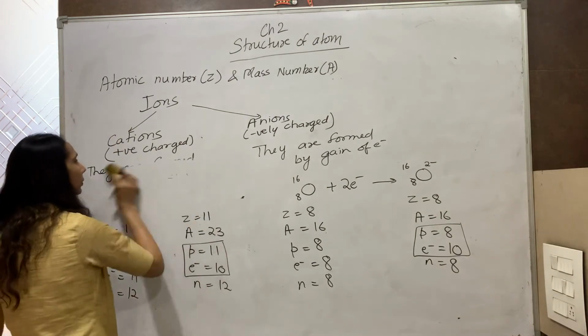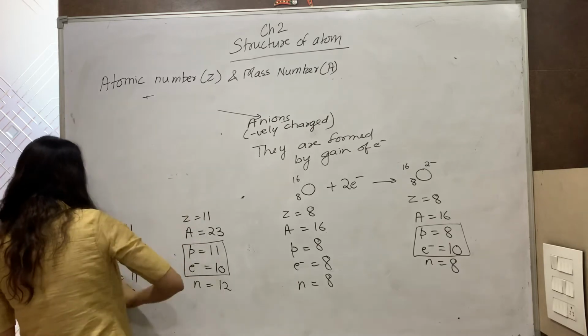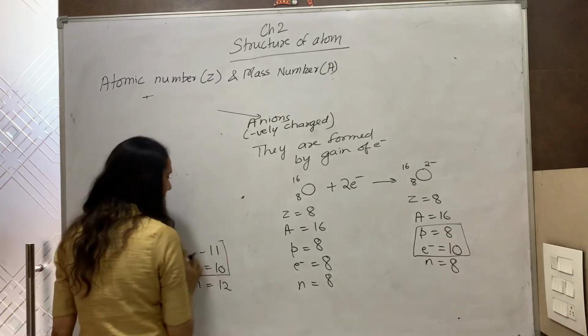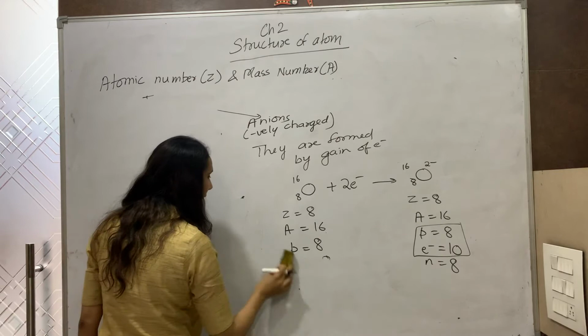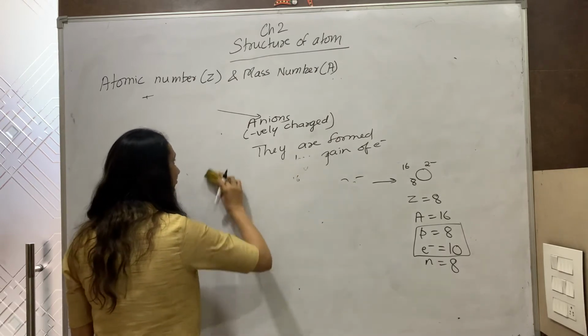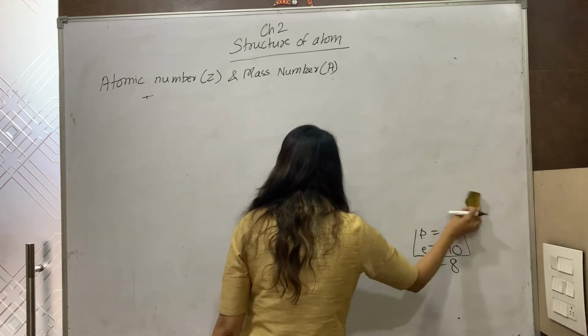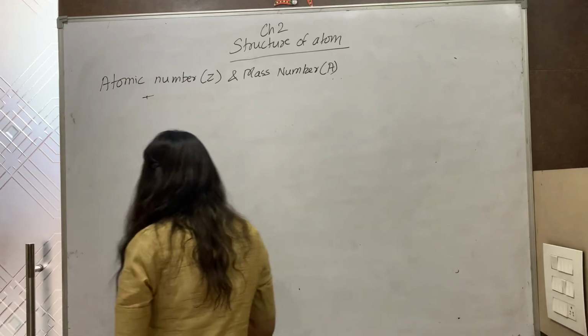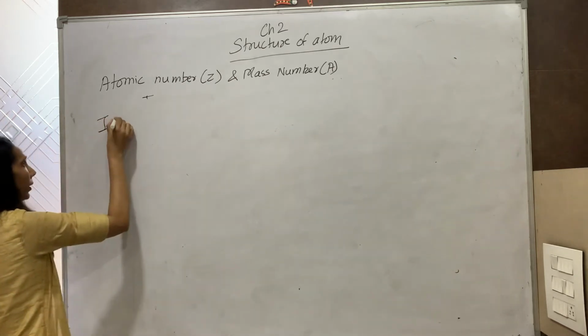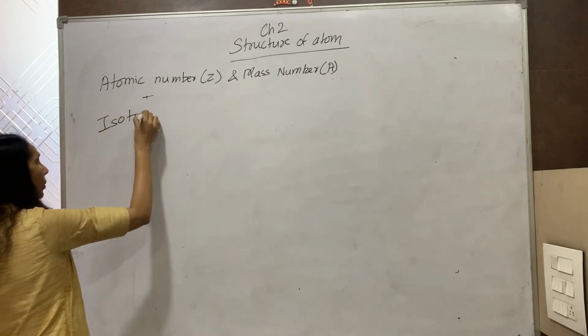Now, we are considering a few more terms in which we will consider atomic number and mass number. The first term that we are doing is isotopes. You must have heard of isotopes. Now, what are isotopes?